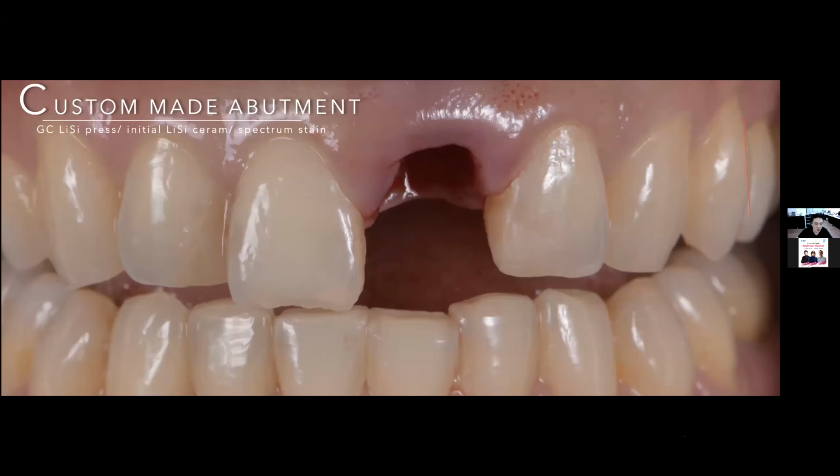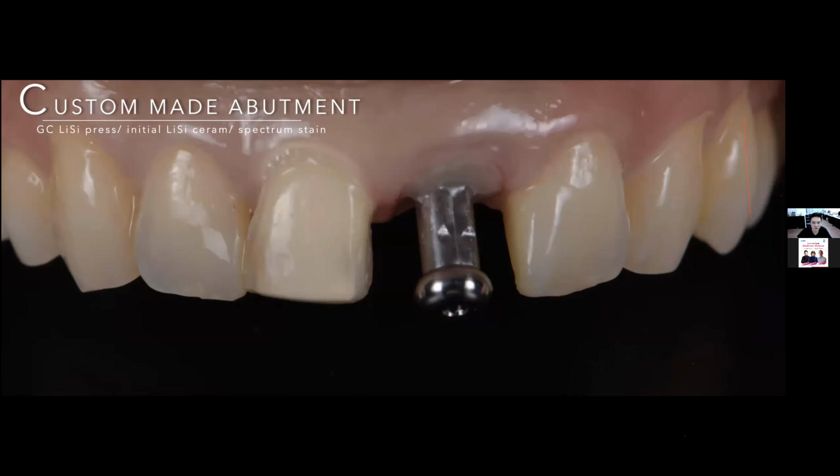And if you know this, we can very easily create implant restorations very well. And as I said, today is about design, so I don't want to explain or show anything about aesthetics. But we can see something interesting. One is the veneer, and one is the implant.